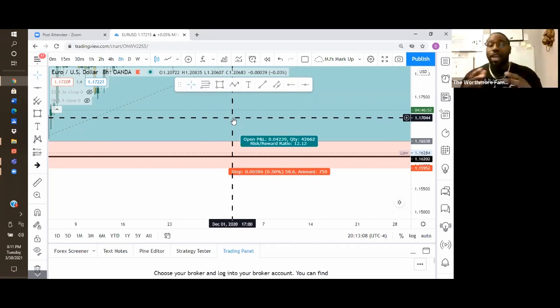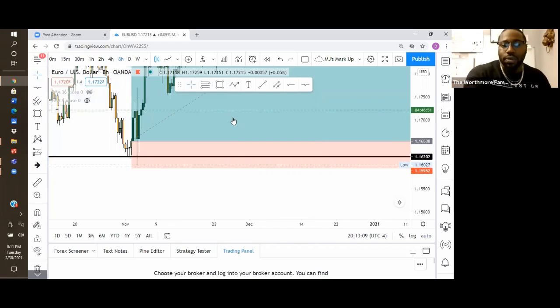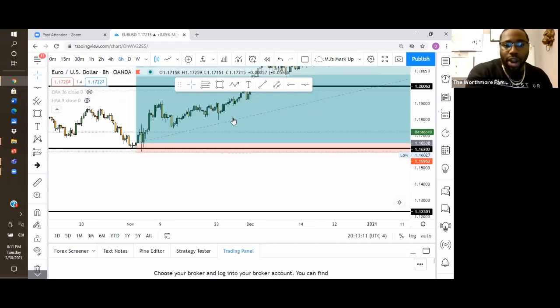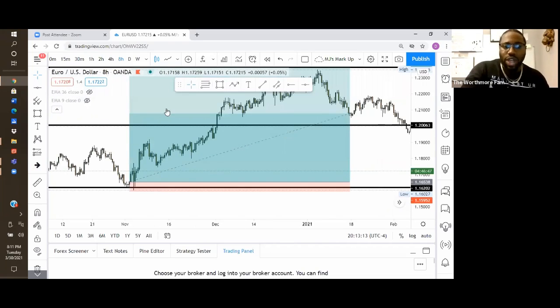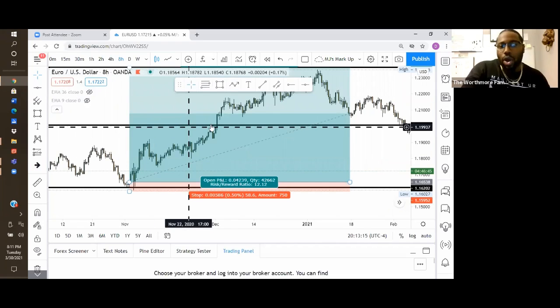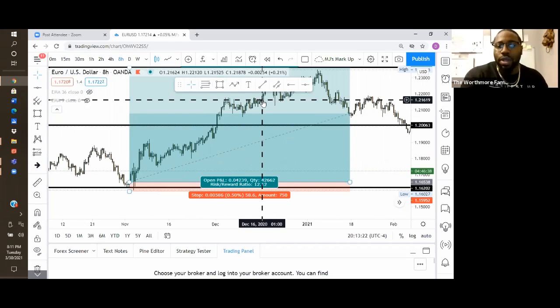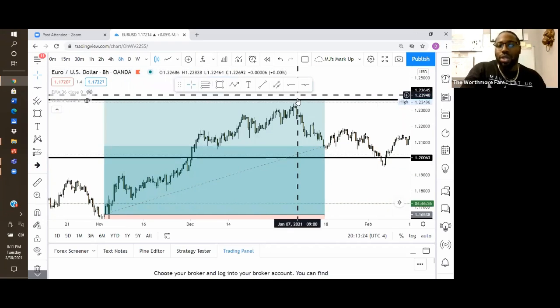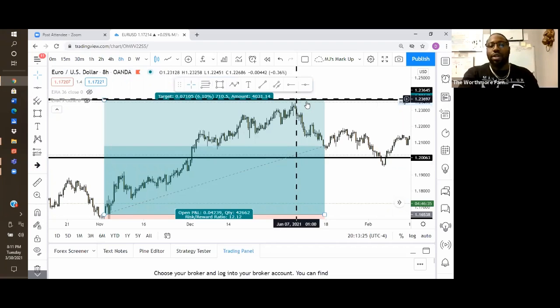Over 400 pips, okay? And as you see, when we made our entry, price went to what I would call a take profit zone. It went through this take profit zone, shot through it, and kept going up all the way to the ceiling, right? It hit the zone, hit the area, you made your money, okay?